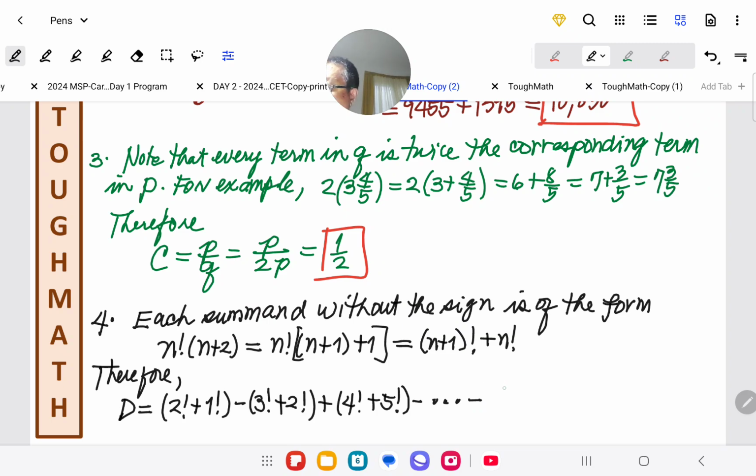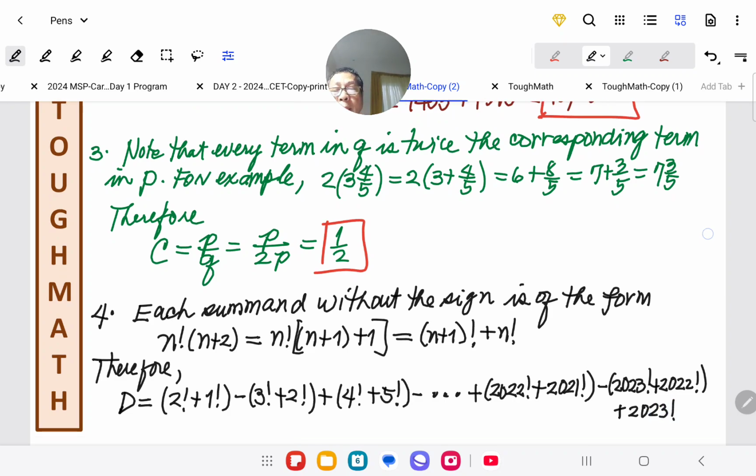Until we have 22 factorial plus 21 factorial minus 23 factorial plus 22 factorial plus 23 factorial.